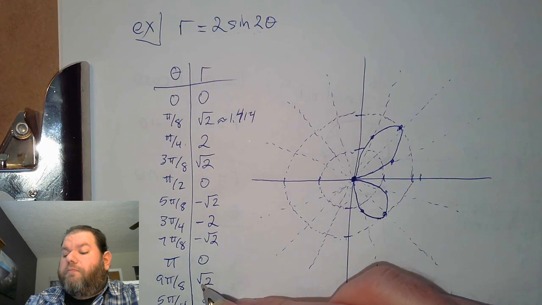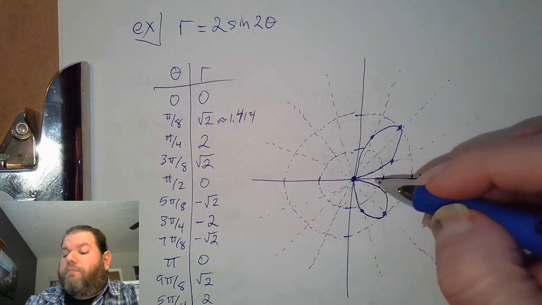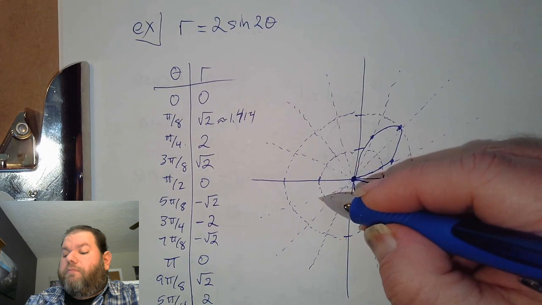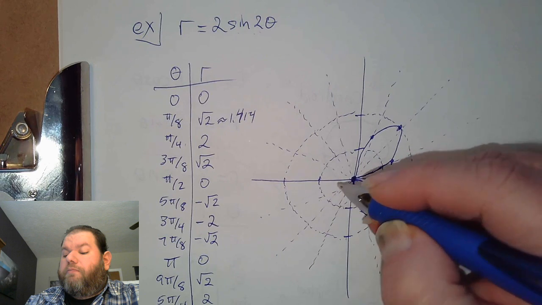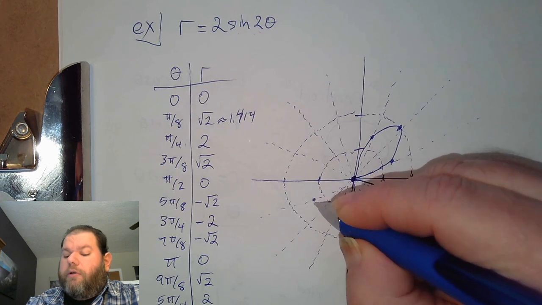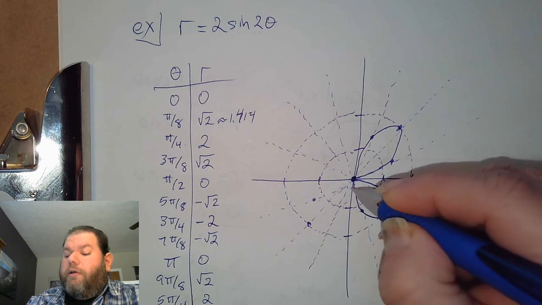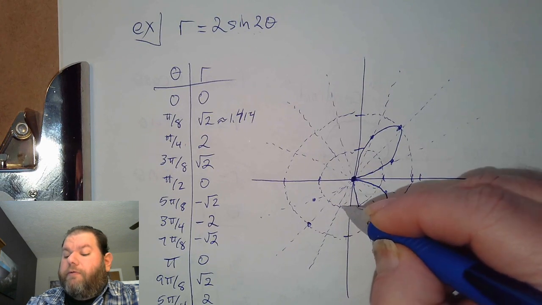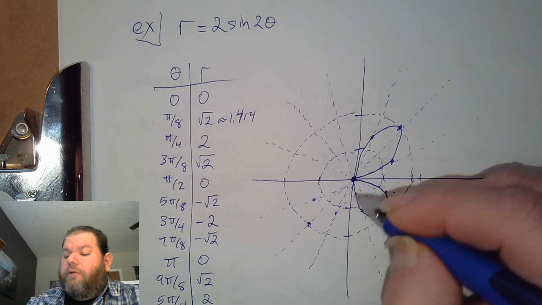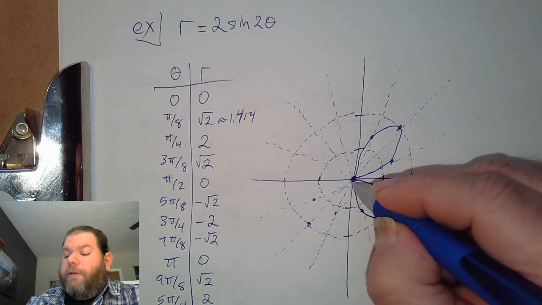And so we continue. 9 pi over 8, which would be right here, out to root 2. 5 pi over 4, 2. 11 pi over 8, root 2. And 3 pi over 2 back to 0.